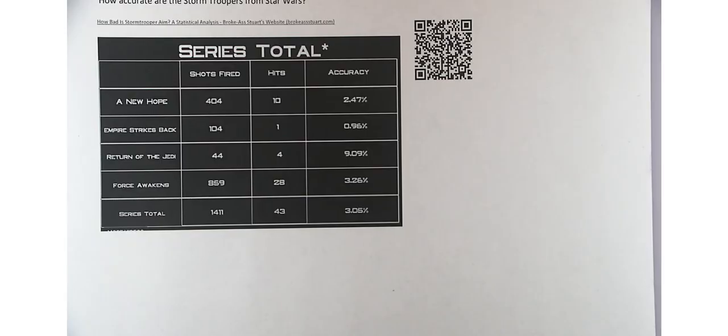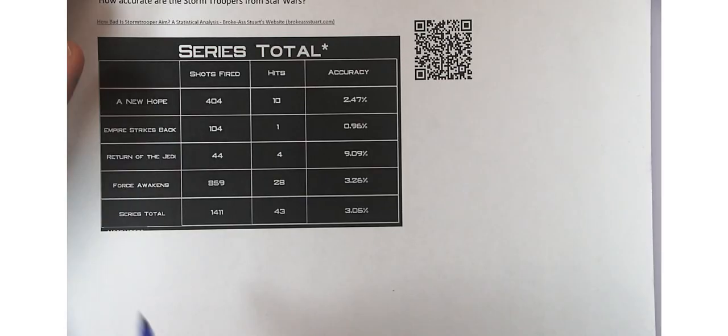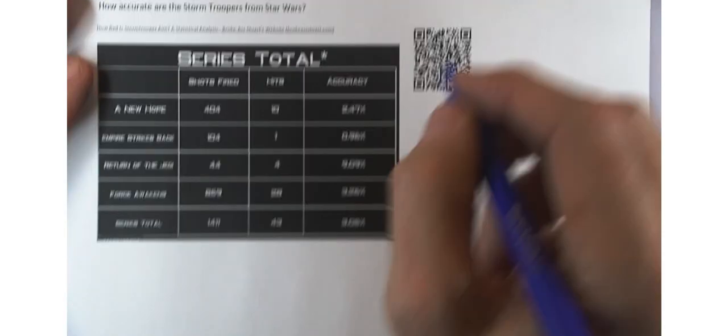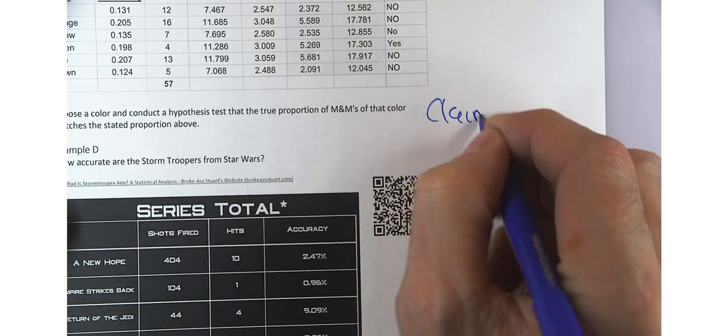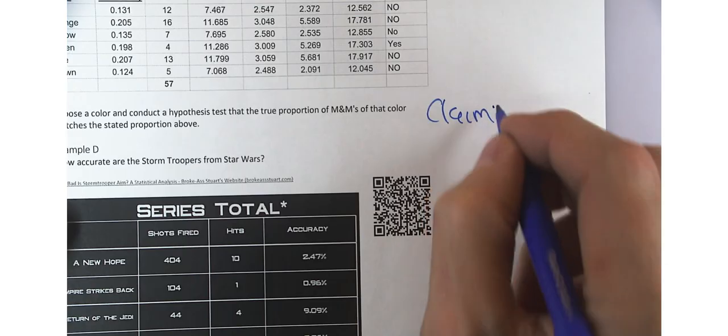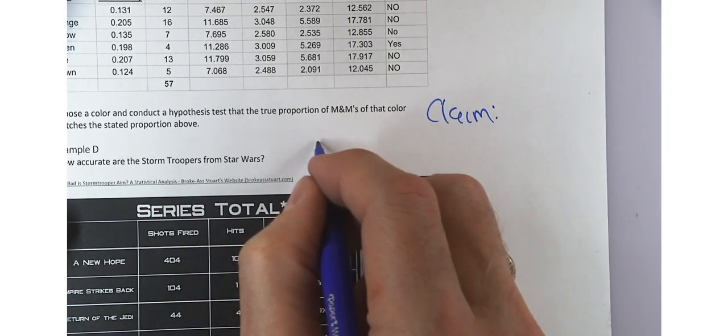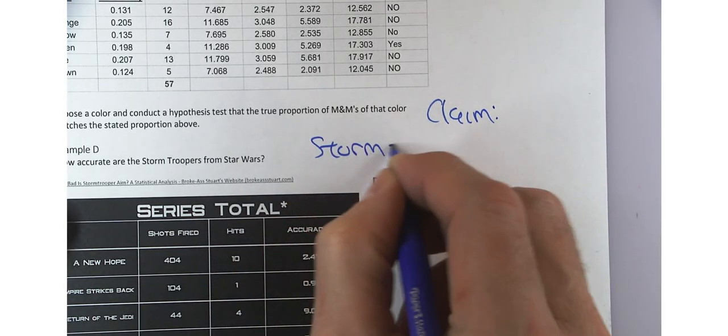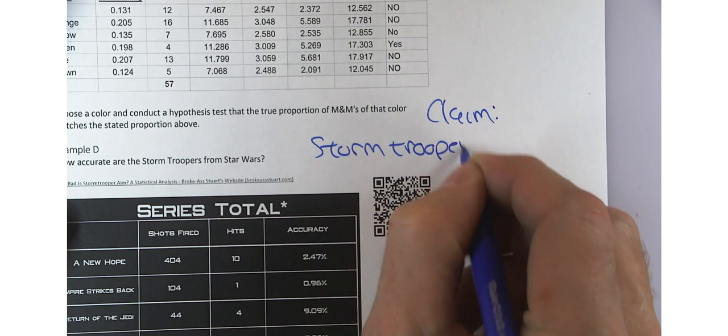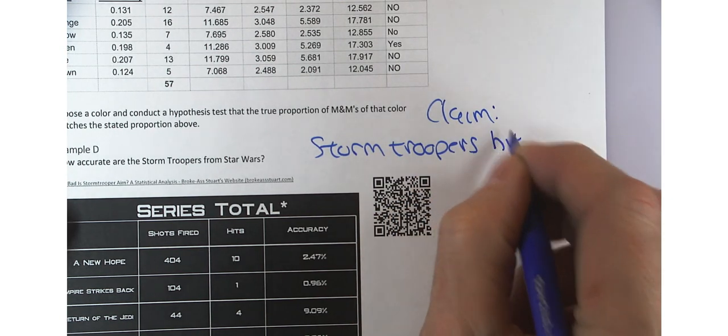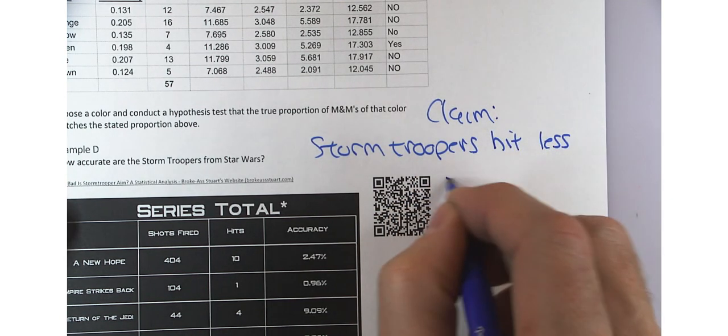So that's less than 5%. So the claim is that stormtroopers hit less than 1 in 20 shots.